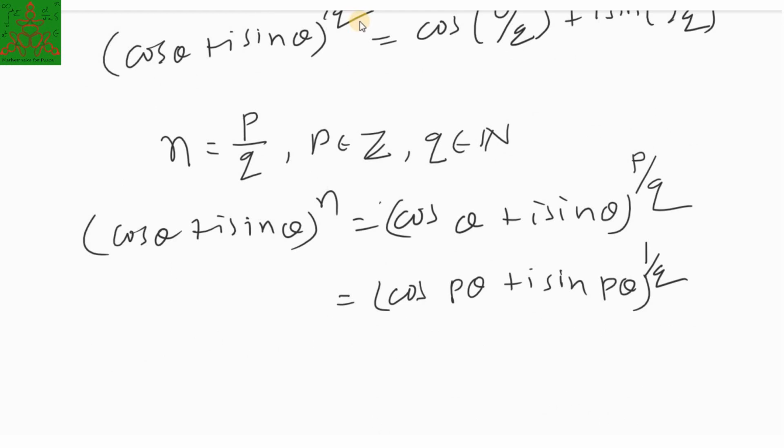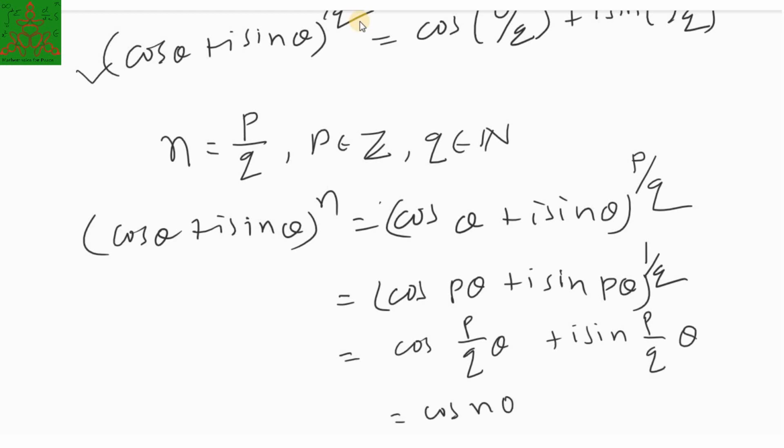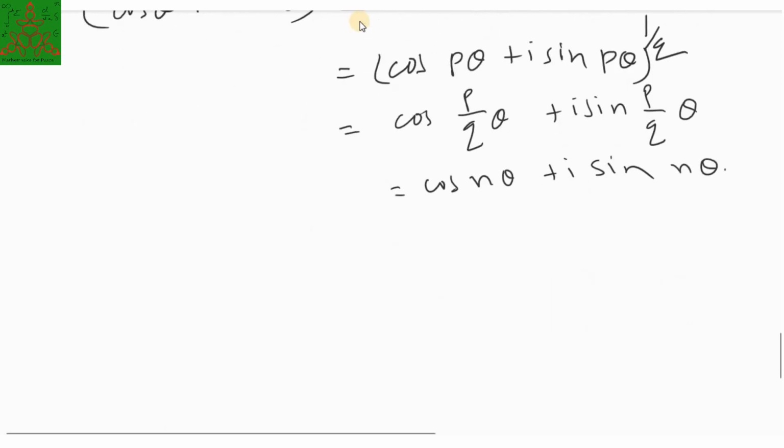Due to this result, we can write this as cos (p by q) theta plus i sin (p by q) theta, and p by q we denoted as n, so this is cos n theta plus i sin n theta. So this result is also true if n is a rational number. But there is a restriction on theta, which is that theta has to be a principal argument, or theta is in the interval from minus pi, open, to pi, closed.